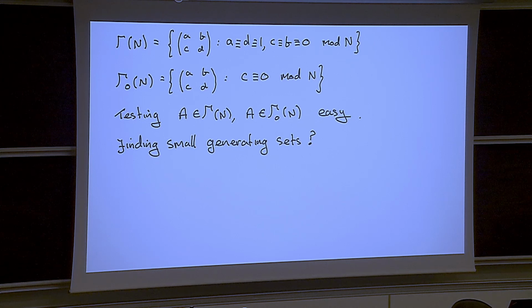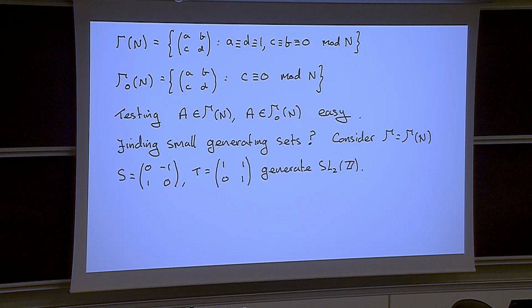Let me give one way, which is the way that it's implemented in HAP. I'll explain it in the slightly easier case of the principal congruence subgroup, but what I say is extendable to other congruence subgroups.